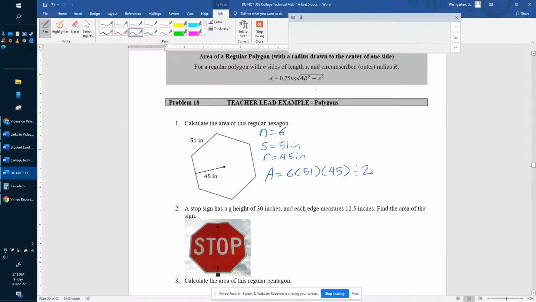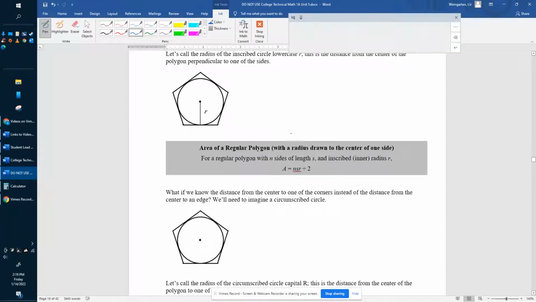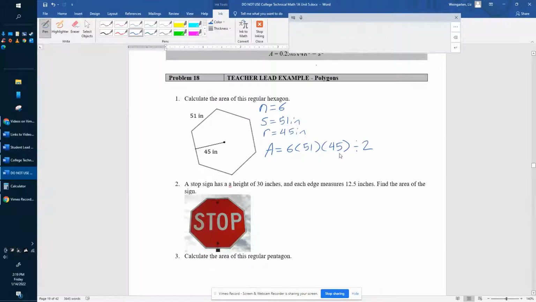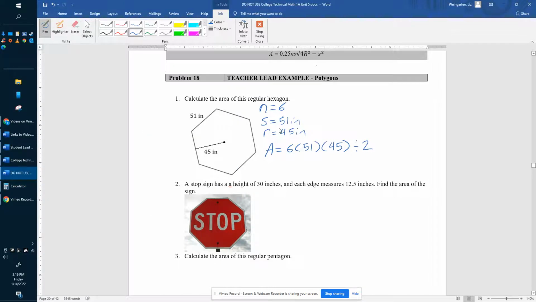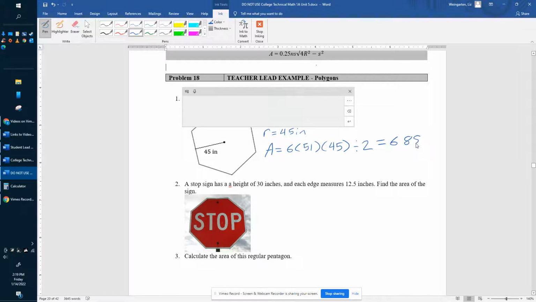And that comes from our formula from up here because the radius was touching a side, not an angle. So that makes life easier for us for sure. So let's plug that into our calculator. 6 times 51 times 45 divided by 2, 6,885 inches squared.